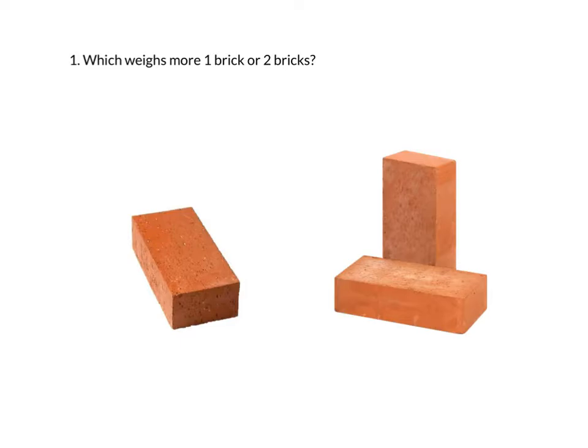In fact, the amount should be twice as much. So that means if 1 brick is 5 pounds, 2 bricks should be 10 pounds. Or if 1 brick is 2.27 kilograms, then 2 bricks should be 4.54 kilograms.